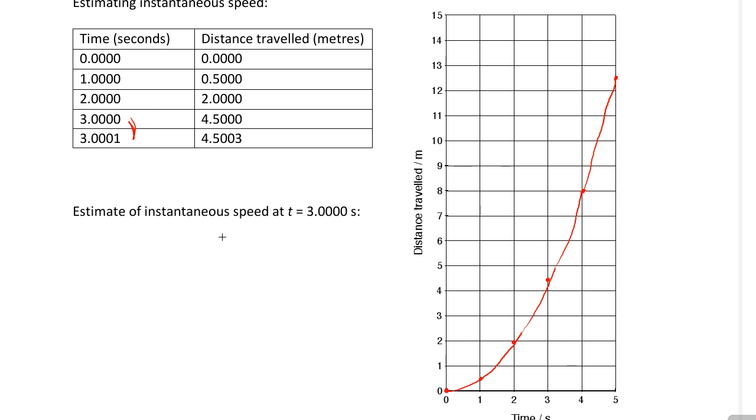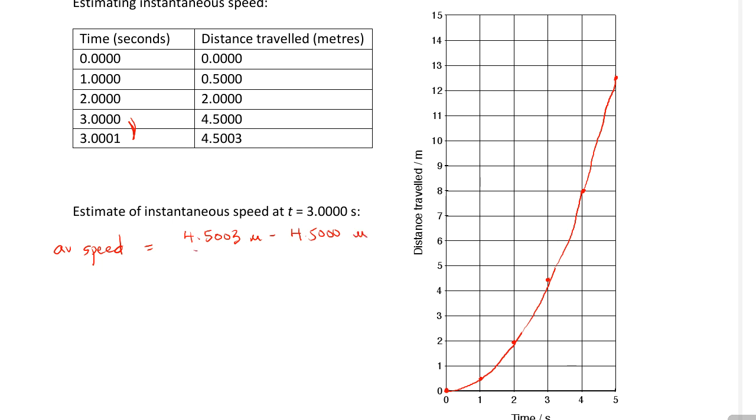I can't get the instantaneous speed exactly, but the smaller I make this time interval, the better the estimate I get. So I'm actually going to find the average speed on that time interval, and that is the distance traveled. So I haven't shown the subtraction in the previous examples, but let me show the subtraction now. It's 4.5003 meters minus 4.5000 meters.